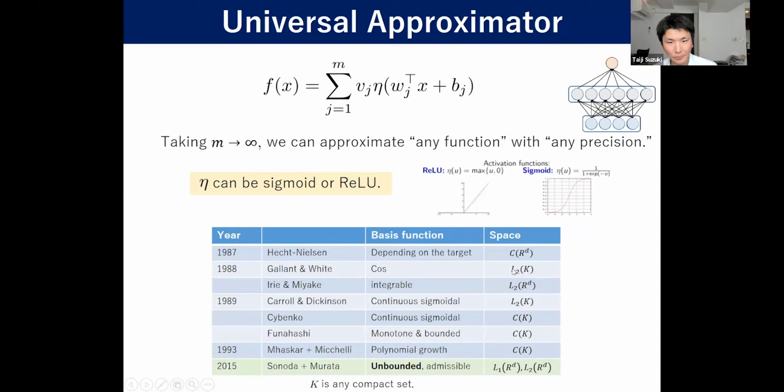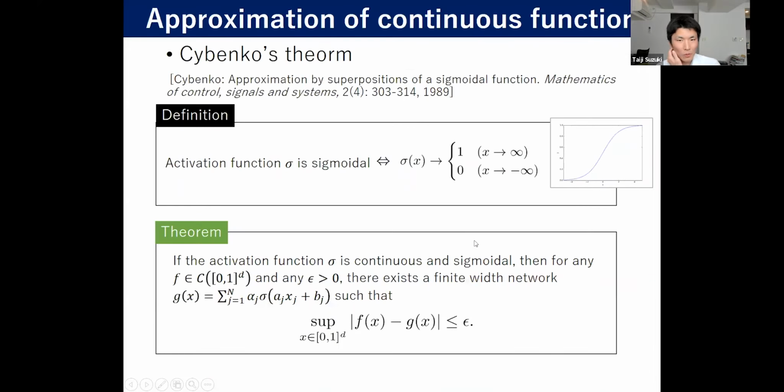Okay. So here is the most famous theorem of universal approximability of neural networks. I guess Cybenko's theorem is the most popular. So I state the formal statement of Cybenko's theorem here.